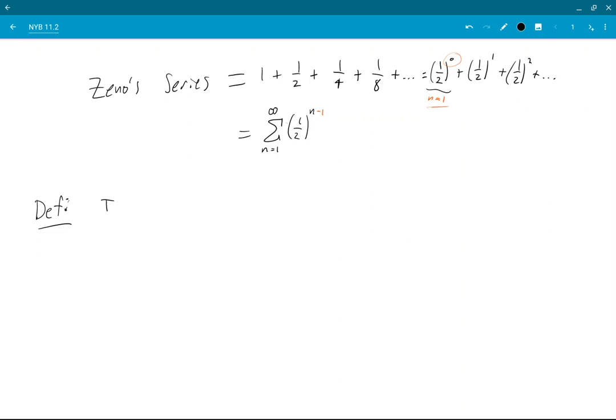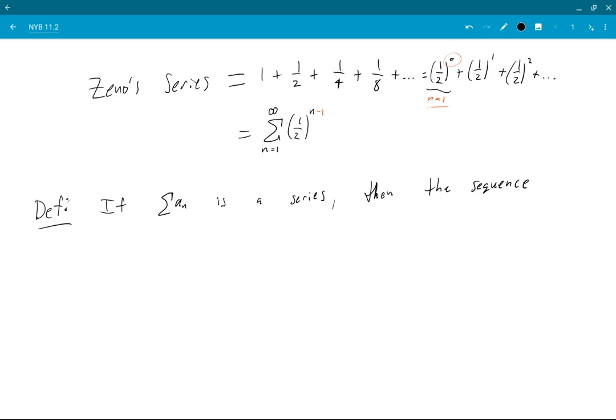So if we have an infinite series, summation an, if this is a series, then I'm going to define a sequence attached to this series.